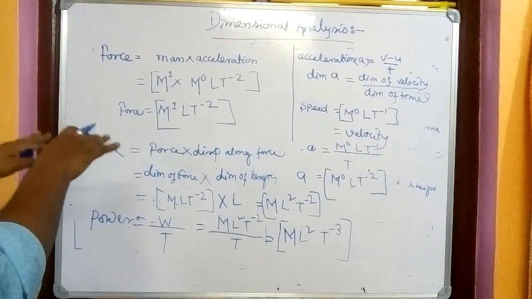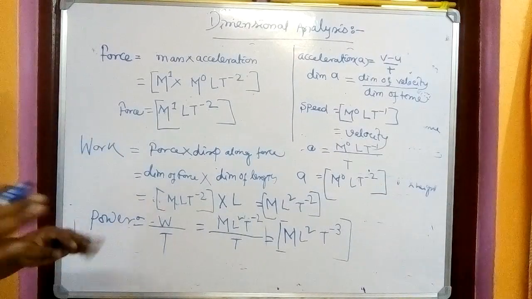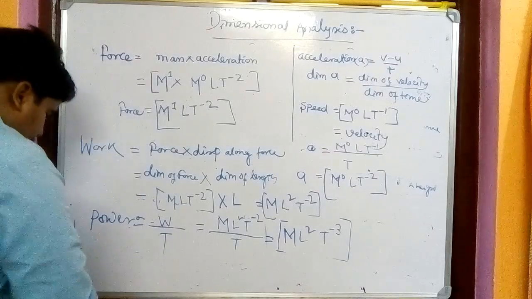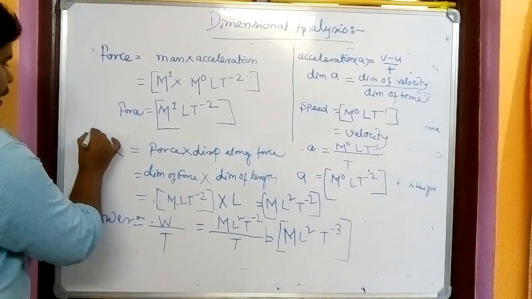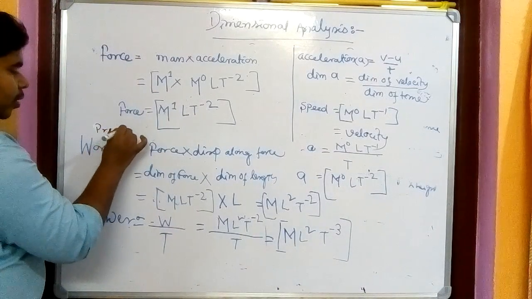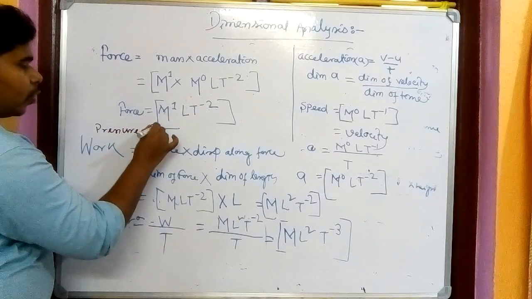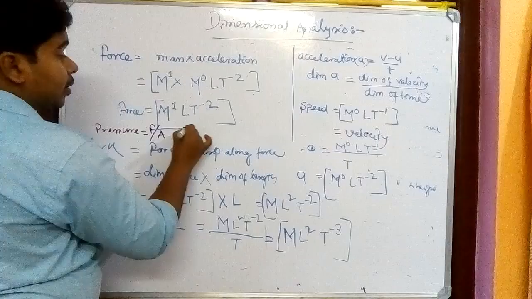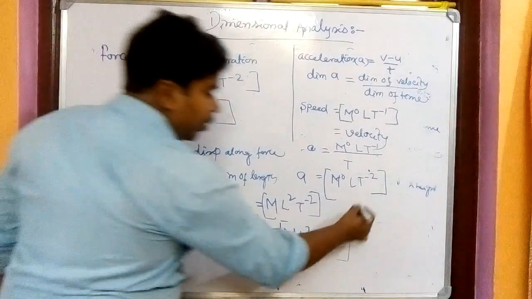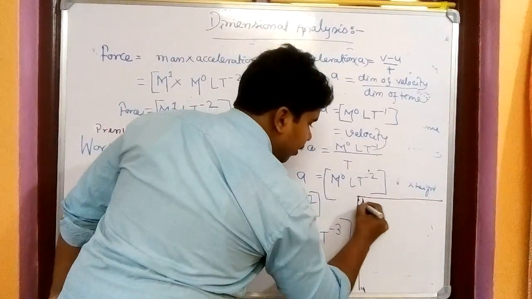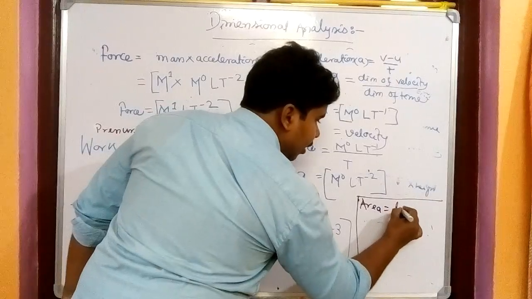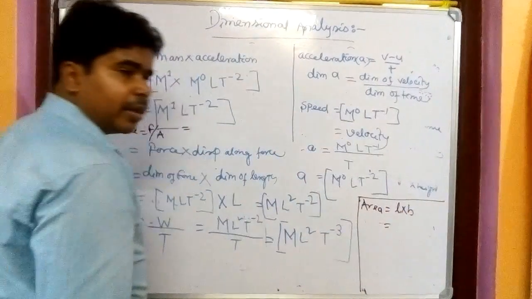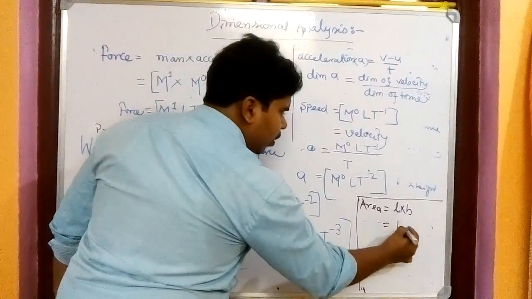So we have found out the dimension of force. Can you find the dimension of pressure? I am doing it here. Dimension of pressure. Pressure equals to what? Force upon area. Area means length into breadth, dimension of length into dimension of breadth, L into L, that means L².